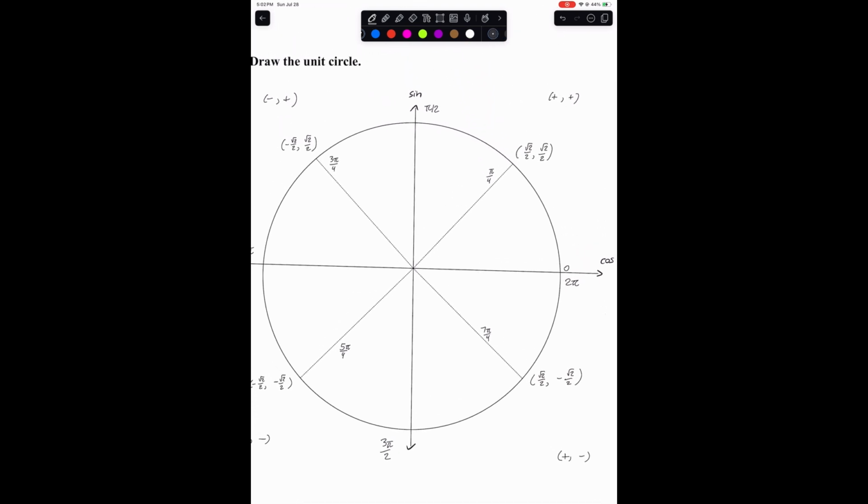So when we draw pi over 6, it's not to scale, I'm just drawing so I have enough space. It's kind of like this somewhat. So closer.